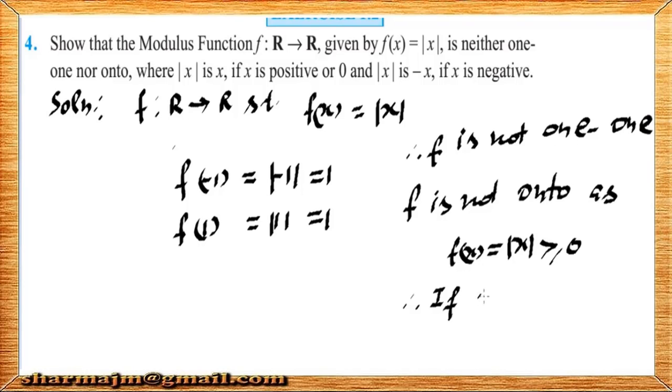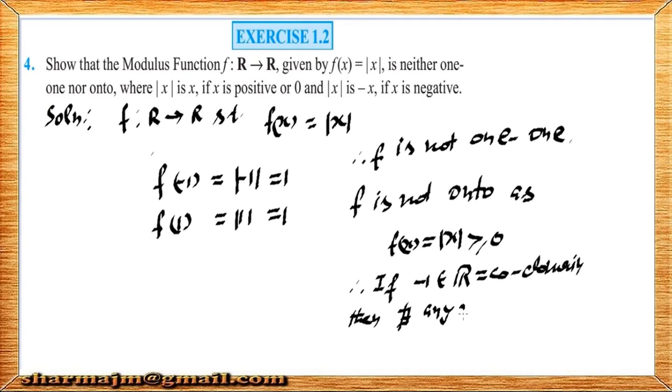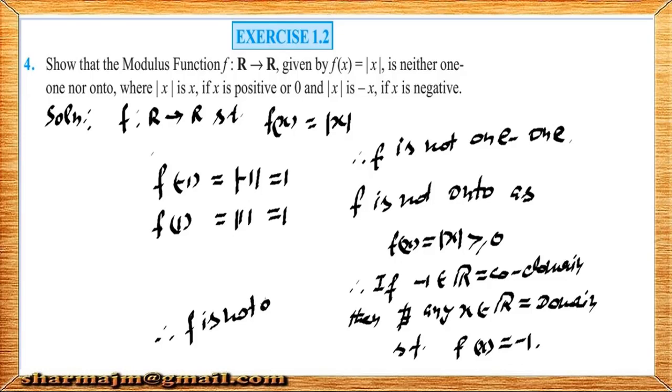So if minus 1 is in R codomain, then there does not exist any x in domain such that f of x is equal to minus 1. So minus 1 is not having its pre-image. Therefore you can say f is not onto.